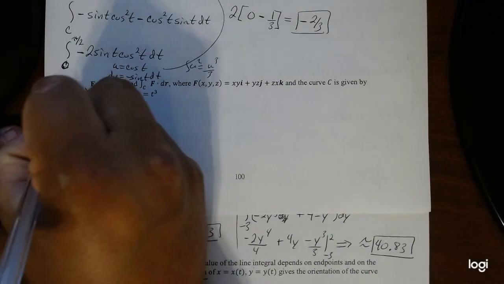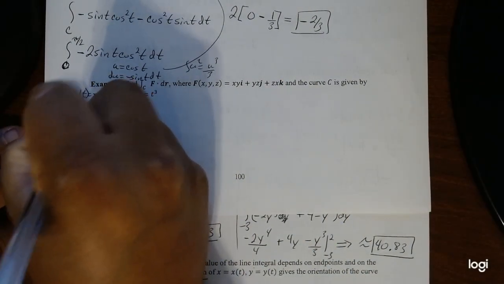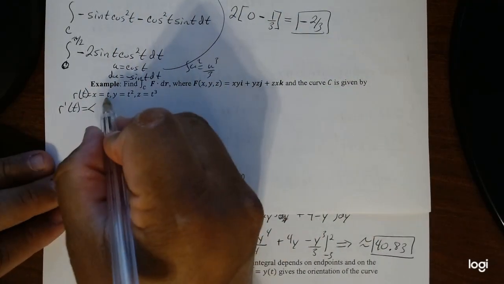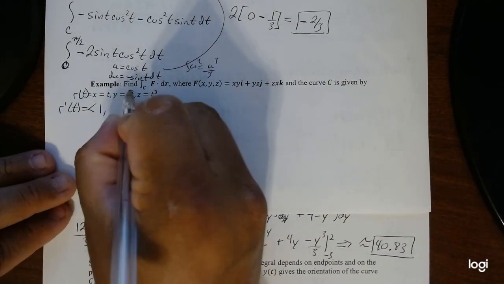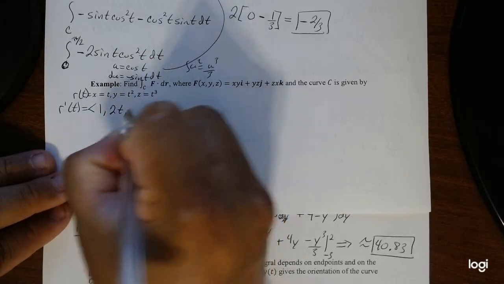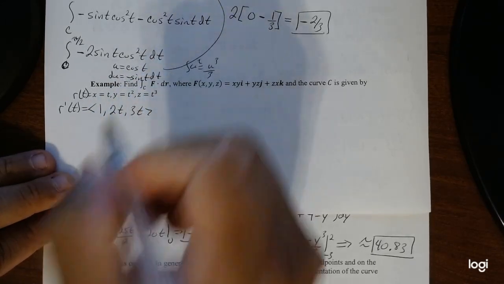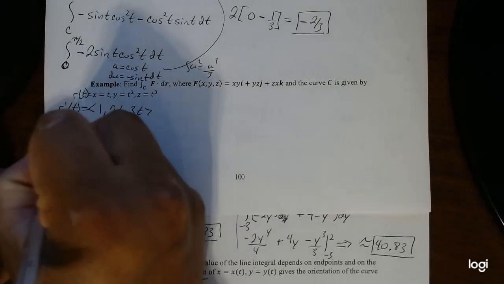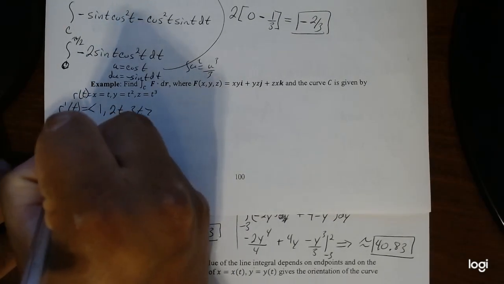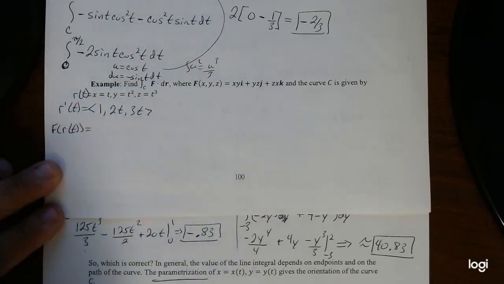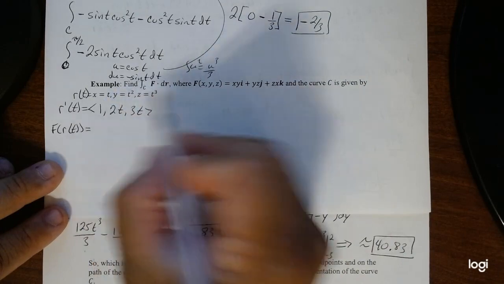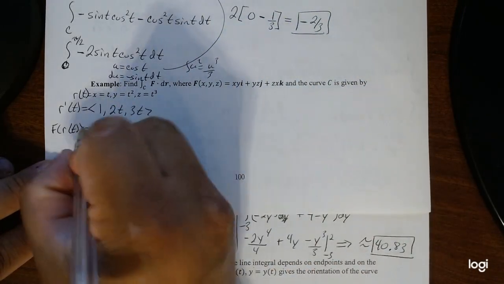So that means first we've got to find r prime of t, and I'll put it in the same framework we did above. So the derivative with respect to t is 1, the derivative with respect to t is 2t, and then 3t squared. So that's our r prime of t. So then therefore F, our vector field, and a parameterization vector, we just plug in each one of these where it's supposed to be.